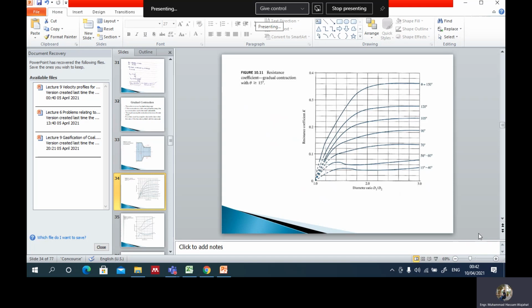The only thing important to note is that this resistance coefficient graph is only valid for gradual contraction with theta greater than or equal to 15 degrees.